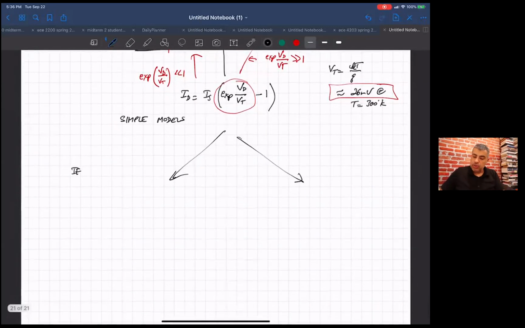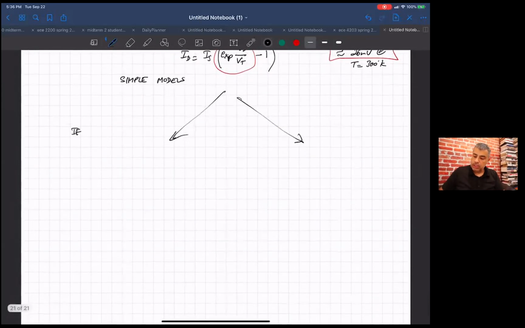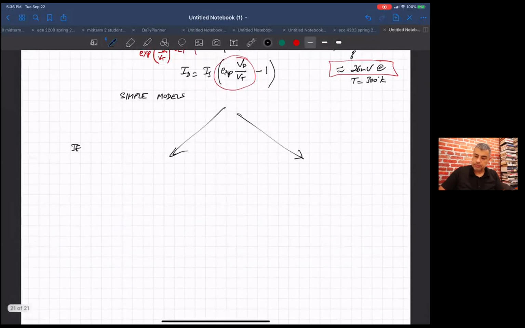Let's hear a review. So the first one we call the ideal model. And the second one we call the constant voltage model.